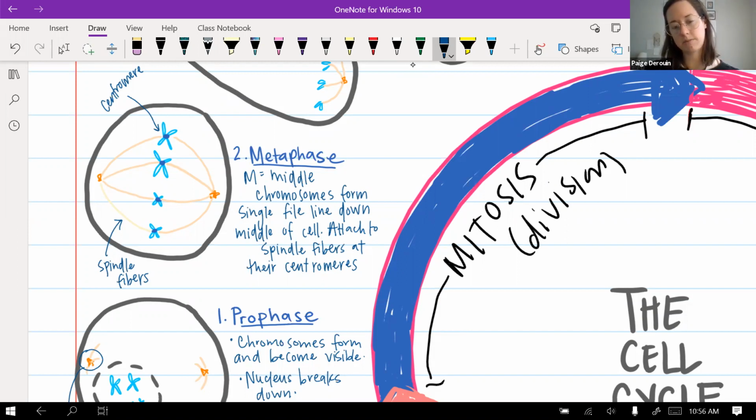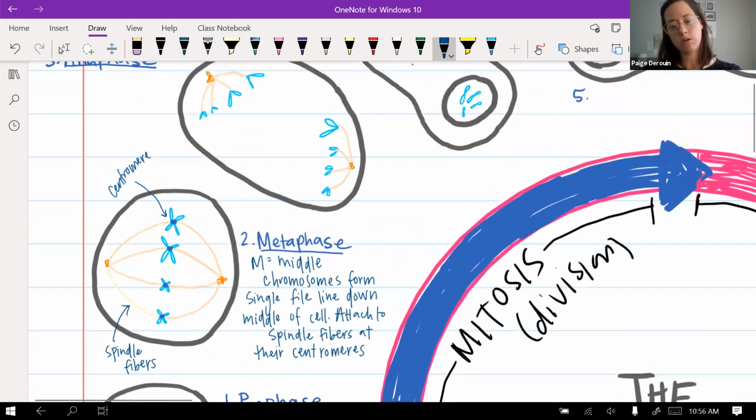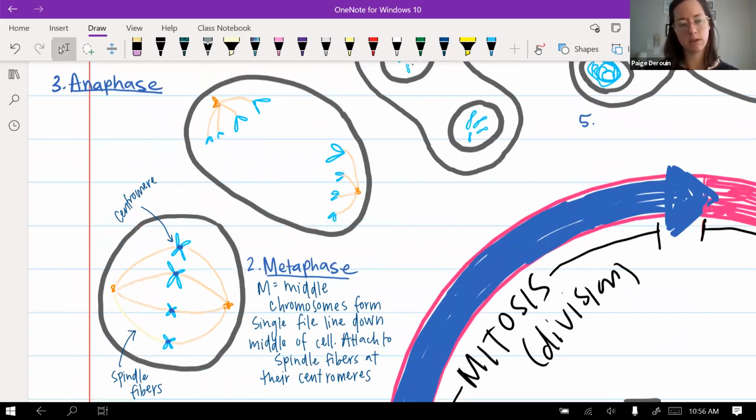After metaphase comes the time to pull apart the chromosomes. So up here is anaphase. You can remember this one as A for away or apart.